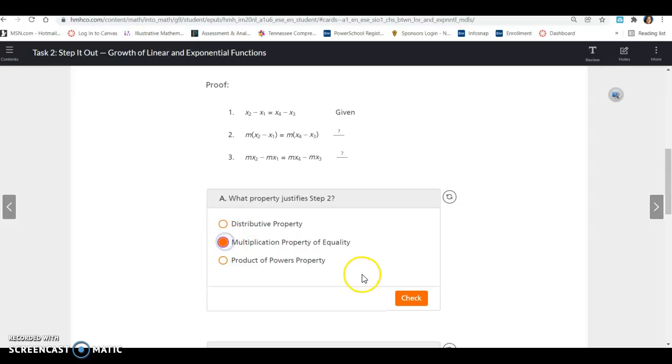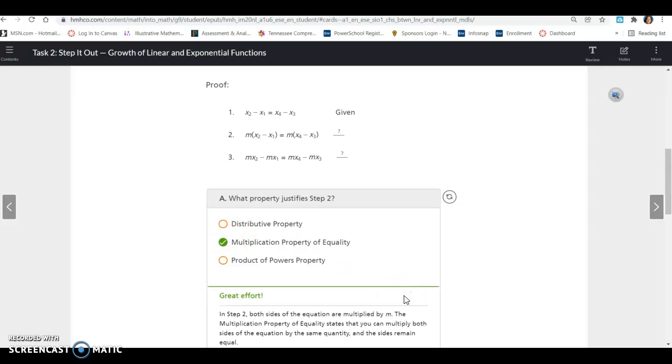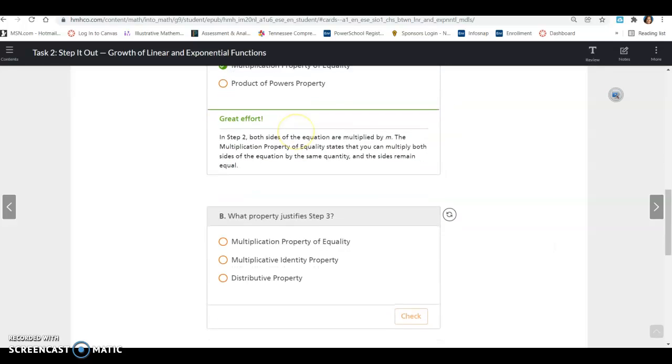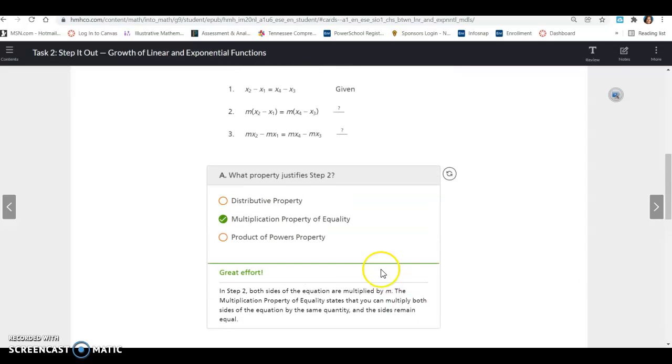That would be multiplication property. All right, and then from step 2, they've taken m and they've multiplied by everything inside the parentheses. So this is distributive property. So number 3 would be distributive property.